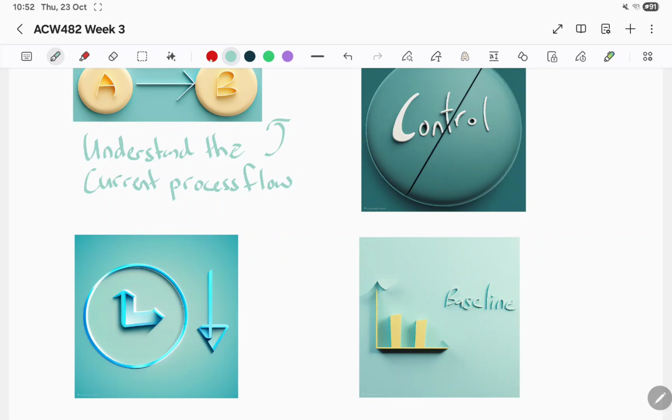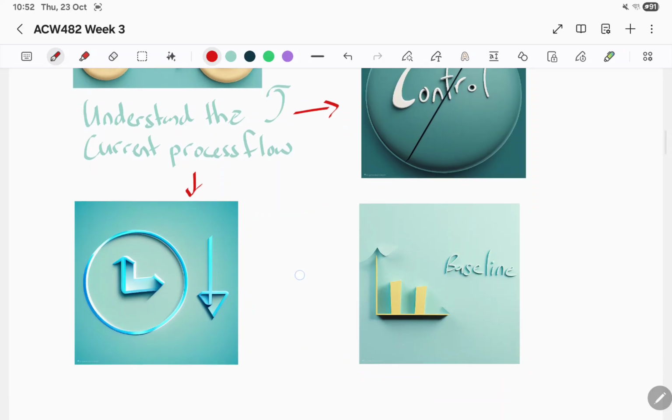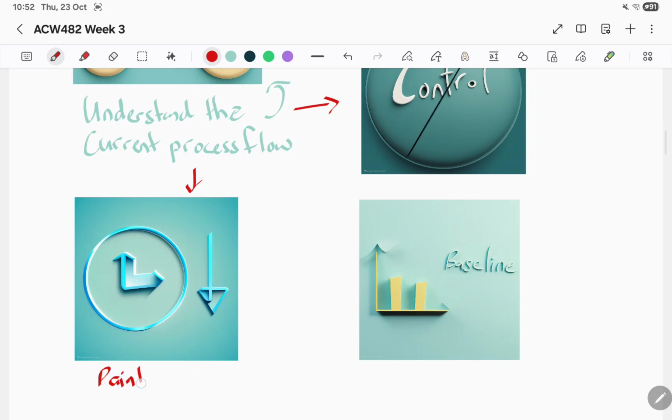From this, there are two things we want to do. First, identify the problems, or what we call the pain points. For example, it might be delay of work, inefficiency in certain processes, or certain things being duplicated.